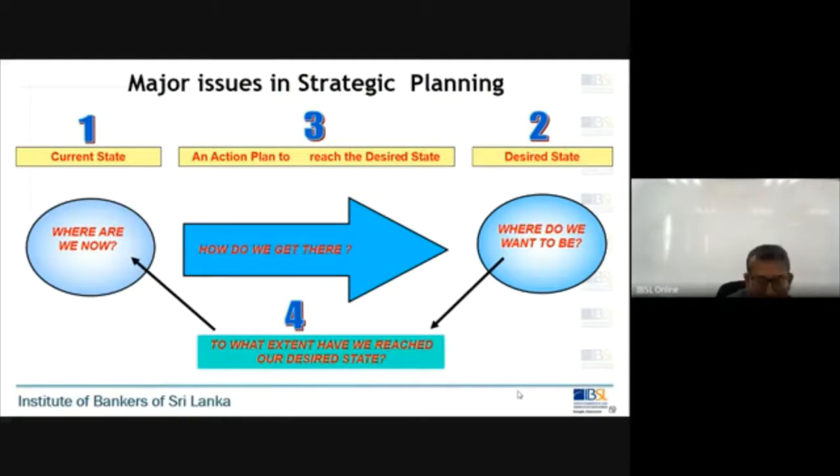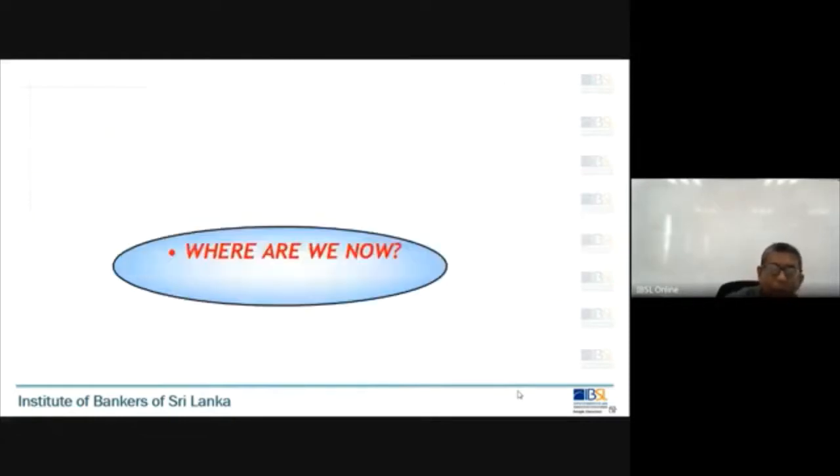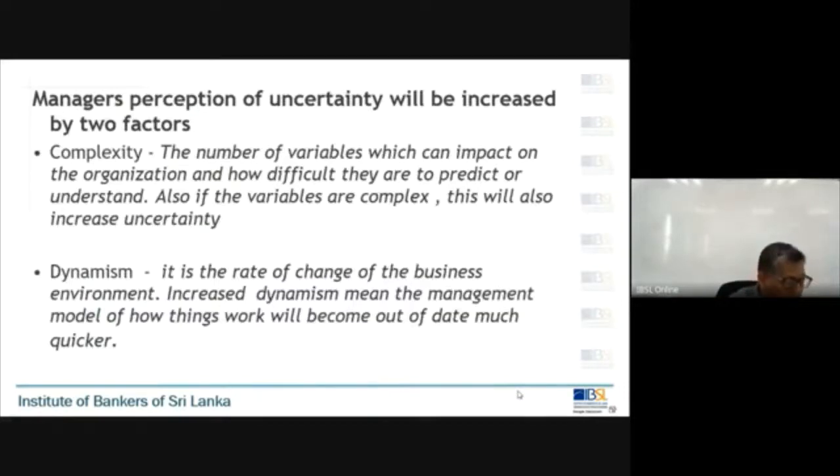Now on the third day we are going to discuss where you are now, so that we try to answer that question. Before we answer that question, managers' perceptions of uncertainty will be increased by two factors.